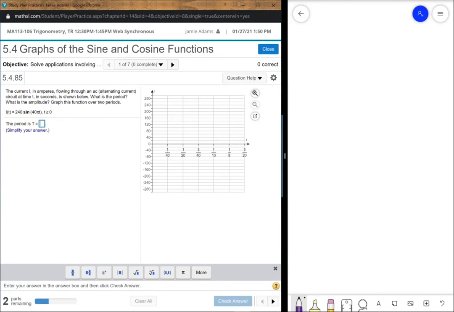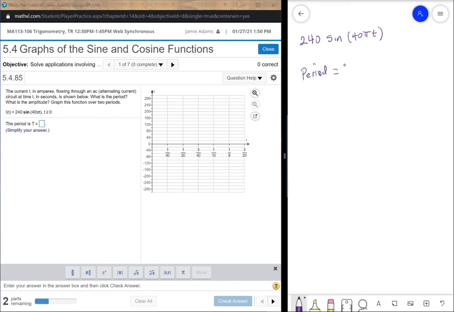So now let's look at this MyLabs problem and walk through the interface with MyLabs. So let's just find this information that we need to find first. So we're given that 240 times sine of 40 pi t is the function or the equation that we're concerned with. So let's first find the period.